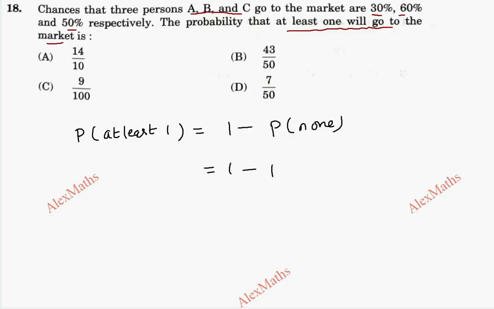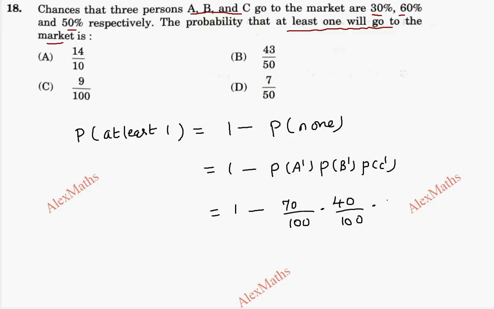So it means 1 minus P of A dash into P of B dash into P of C dash, which is 1 minus: A goes to the market is 30%, so does not go is 70%; B goes to the market 60, does not go is 40; and C goes to the market 50, does not go is 50.